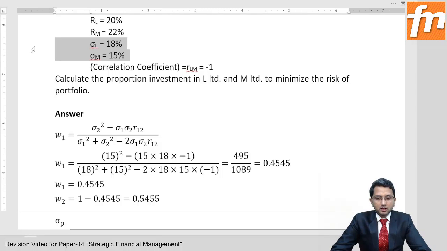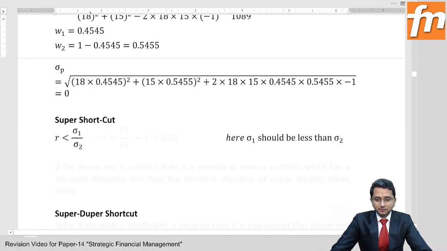So in the numerator, you take 15%, the lower standard deviation, and in the denominator, the higher standard deviation, 18%.